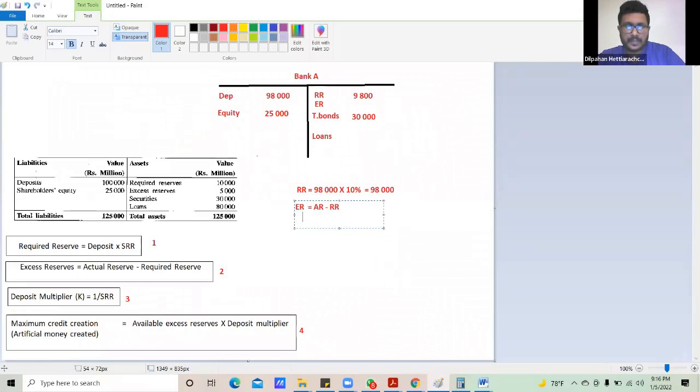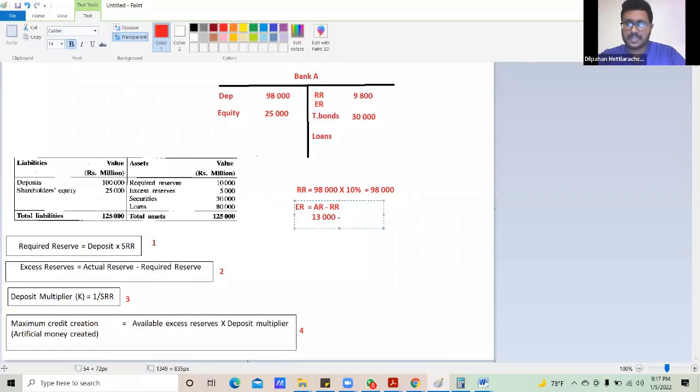You can remember, altogether we had actual reserves of 13,000. How did this 13,000 come? The required reserves initially we had 10,000 and excess reserves from 5,000 there was a 2,000 reduction and altogether excess reserve was 3,000. So that means actual reserve altogether is 13,000, right?